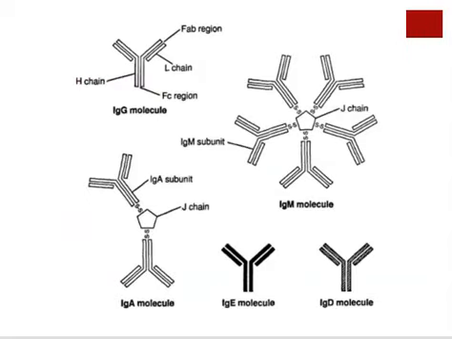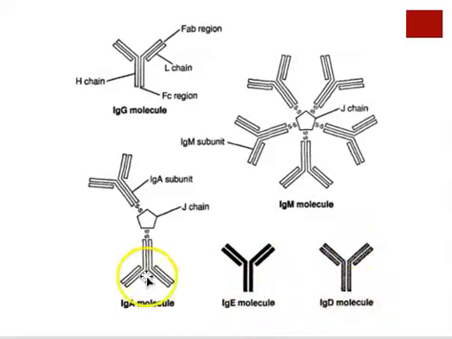So let's take a look at some drawings of antibodies and think a little bit more about their structure. What you can see on this slide is a drawing of an IgG, an IgM, IgA, IgE, and IgD. Now the first thing you notice is that Y shape.